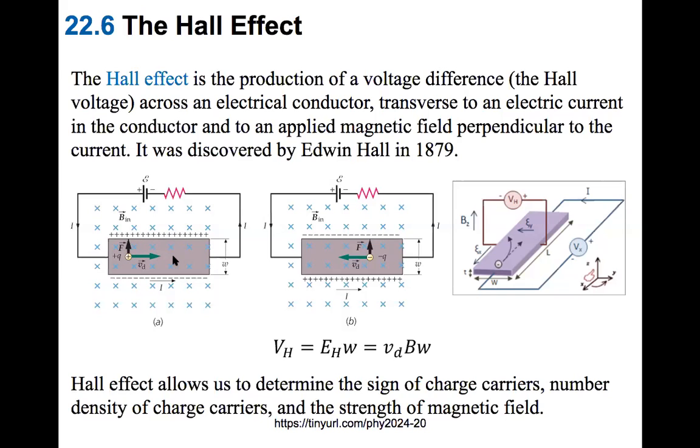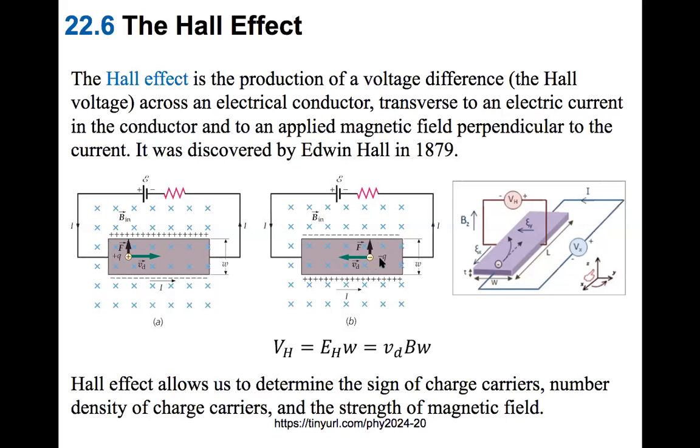Then you can use a device called a voltmeter to measure the electric potential built up across the two sides of the conductor. According to the sign of the voltage, you can tell if it's a positive or negative charge carrier. This is called the Hall effect.